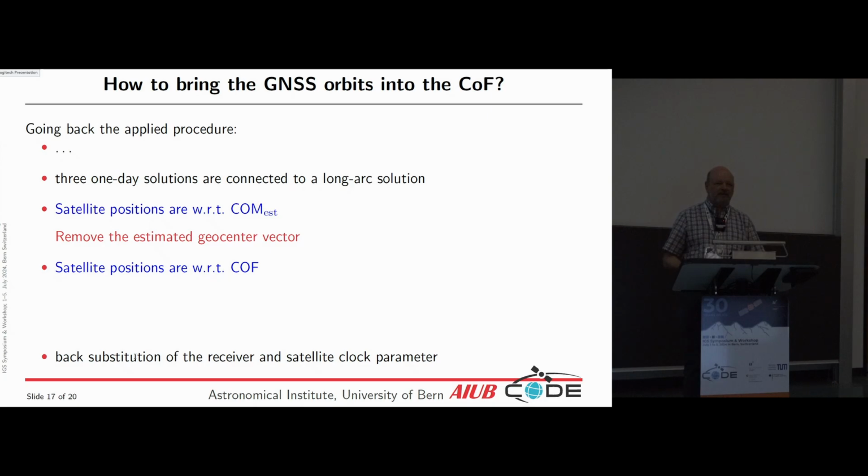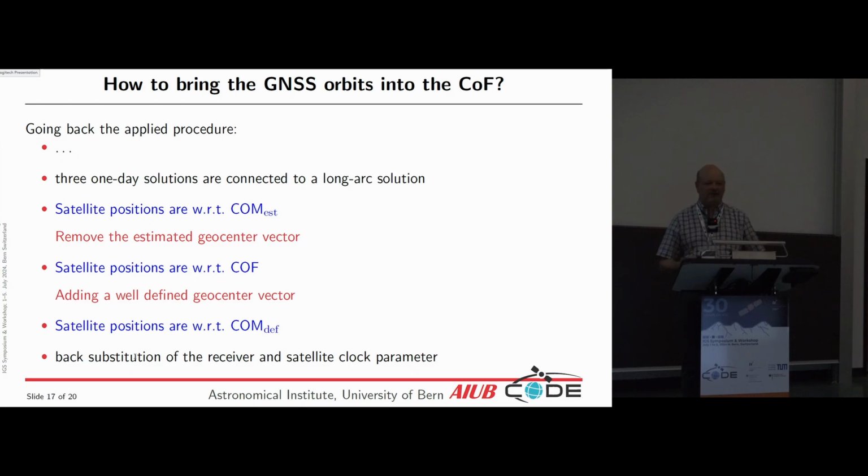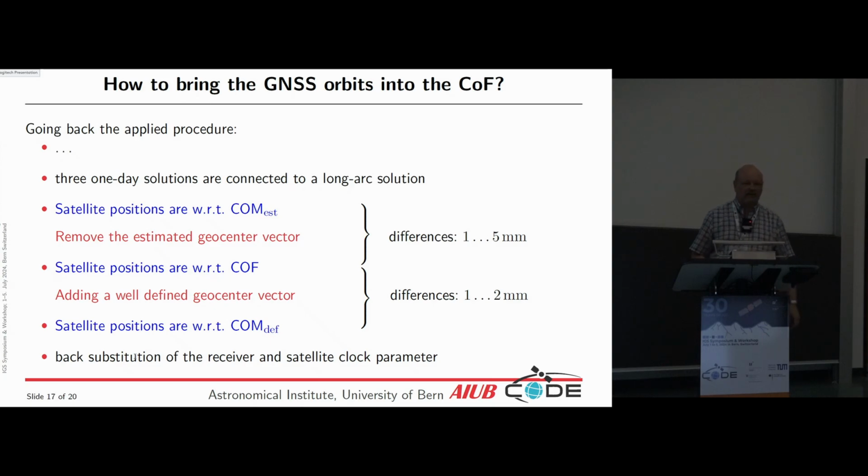So we get the estimated center of mass for the satellite position, removing this estimated geocenter vector. We have the satellite positions in the center of figure frame. When we add again the ITRF center of mass correction, then we are in a defined geocenter.